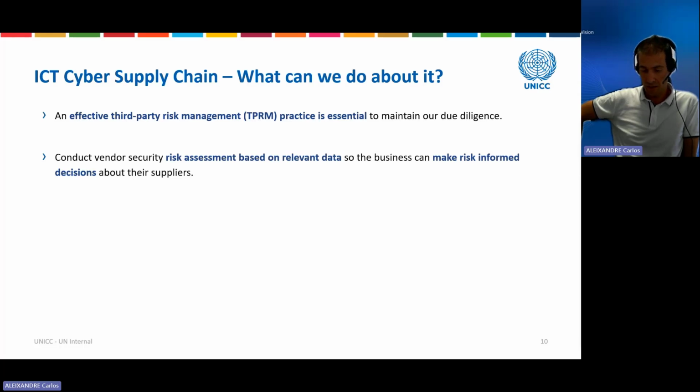And this is why I'm emphasizing all these threat landscape reports or risk reports, so we can take this relevant data and perform relevant analysis based on that, okay? So the business can make risk-informed decisions about whether they want to continue or start with a certain supplier or not.